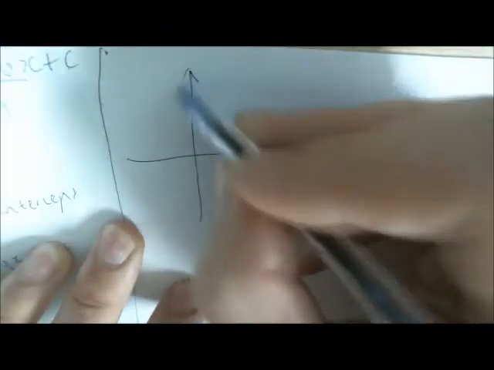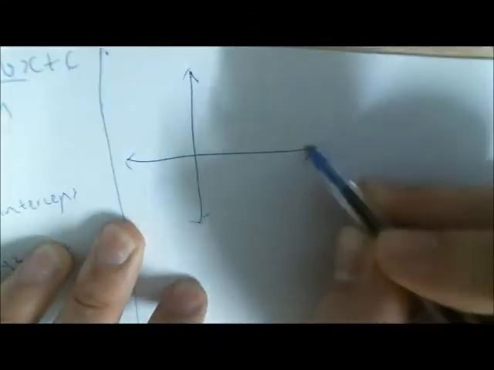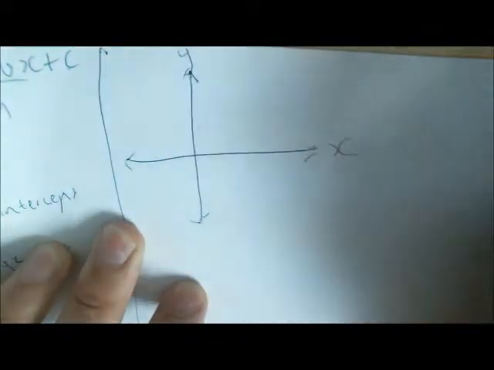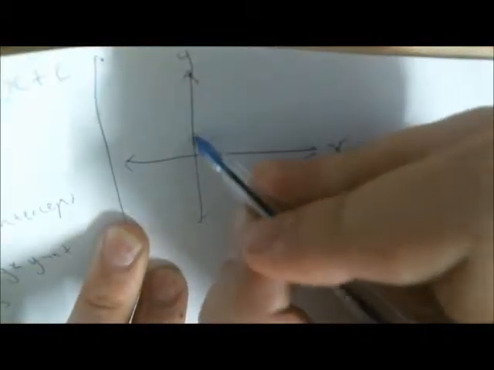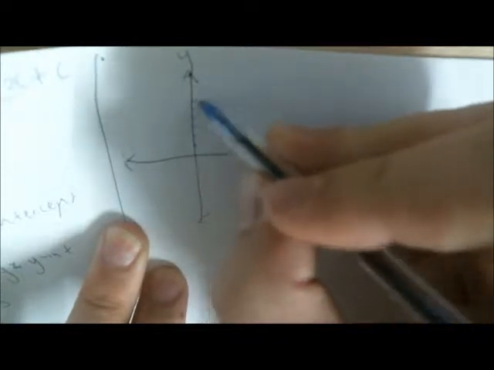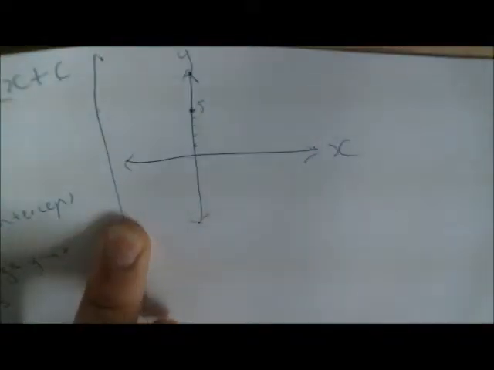So let's draw a graph. Alright, here we go. So, here's our graph. Let's find our key points, y and x. We said that the y-intercept was at 5, so we go up 1, 2, 3, 4, 5. So it'll pass through there.